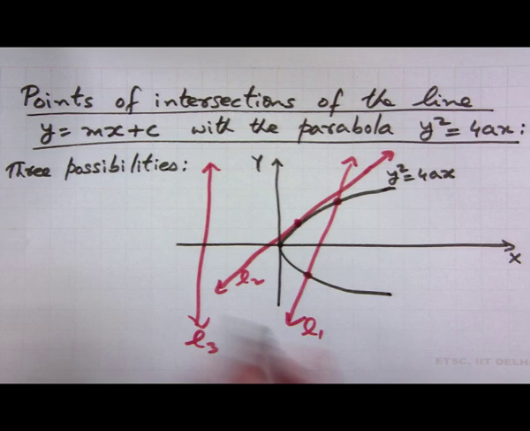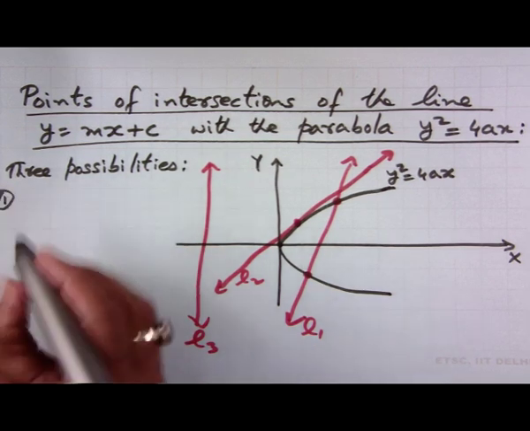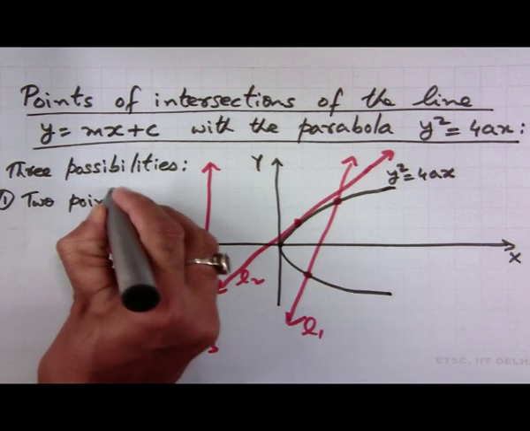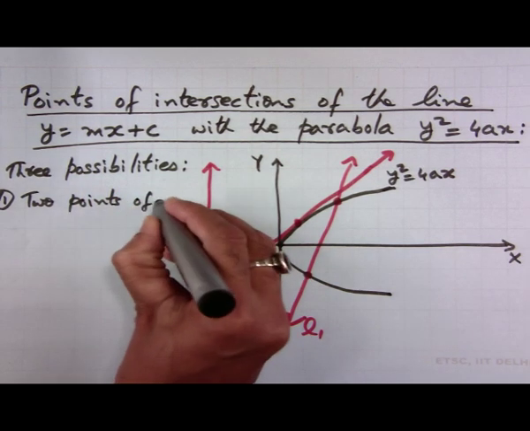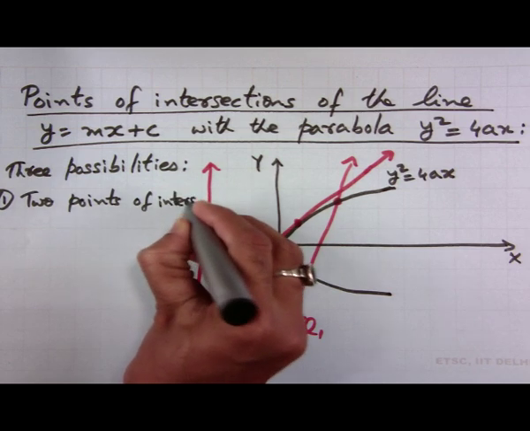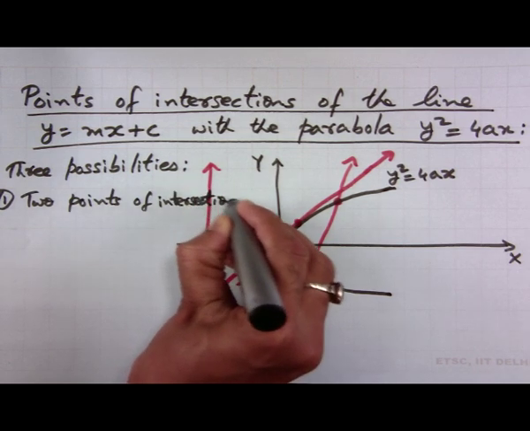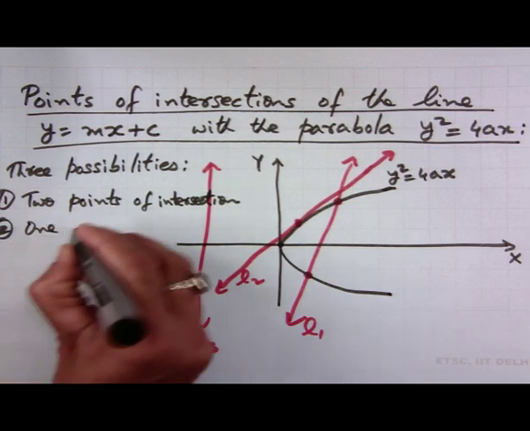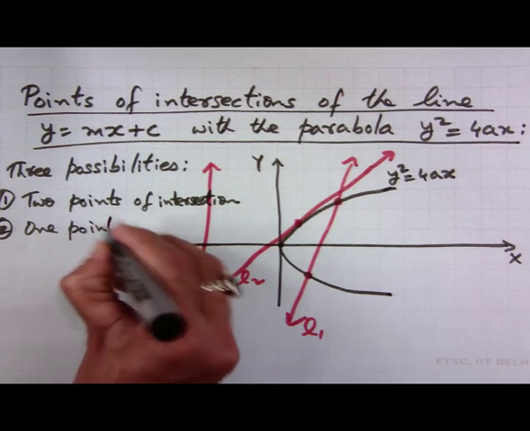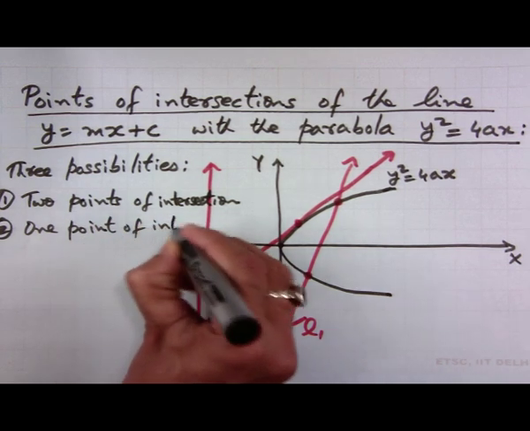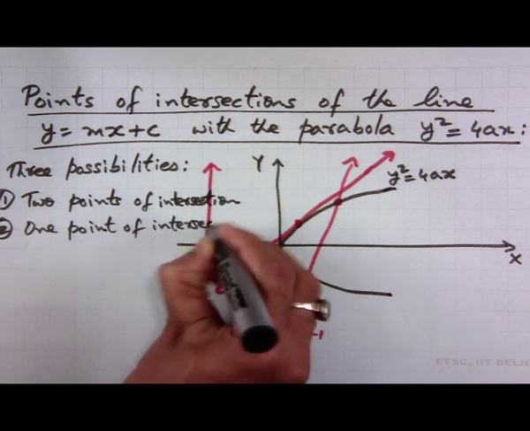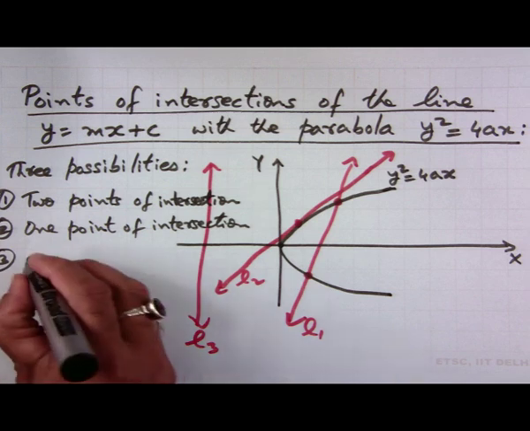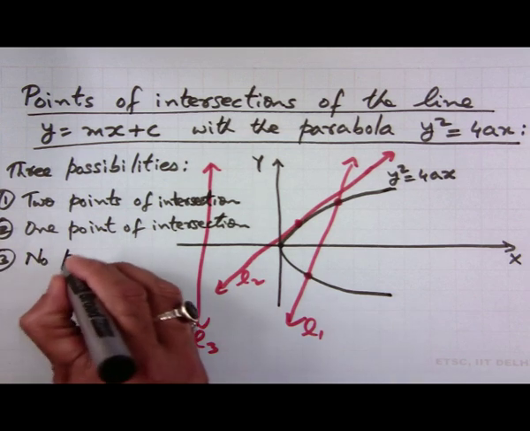Which we can see from the graph are first 2 points of intersection, second is only one point of intersection, and third is no points of intersection.